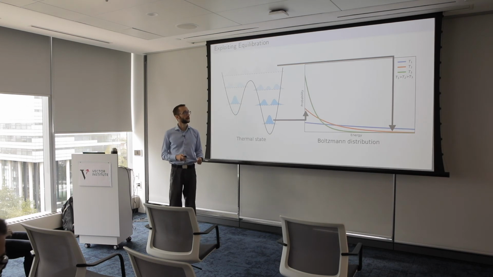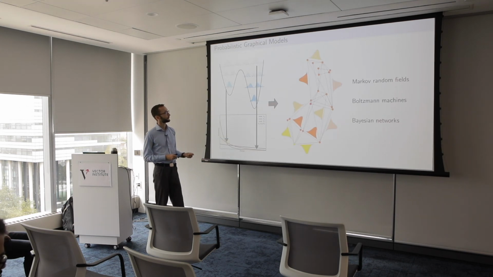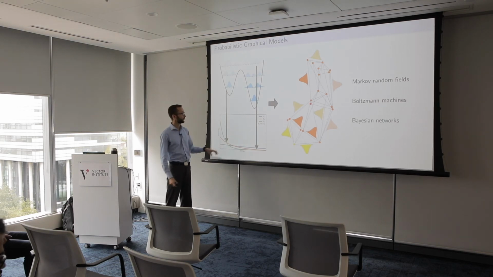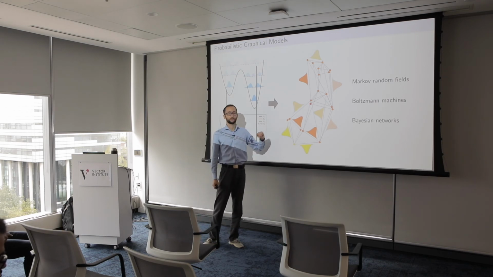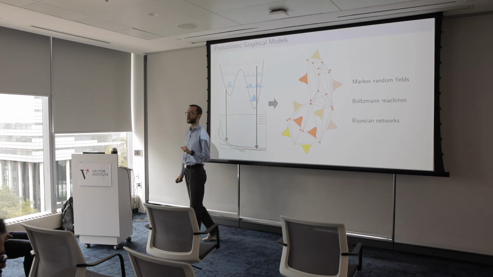So this is what you are exploiting in, say, training Boltzmann machines on a quantum computer. So you pull out your samples, and then you have some probabilistic graphical model, a Boltzmann machine, or some Markov random field, but it also works for Bayesian networks.